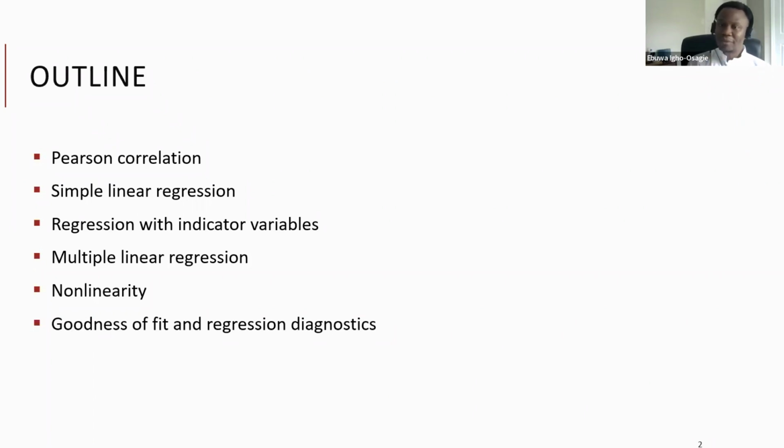If you hold poor diet constant, meaning you want to see the effect of smoking by itself on lung cancer and the effect of poor diet by itself on lung cancer, that is called adjusting. You are adjusting for the one variable to see how the other variable predicts your outcome. And so you can have two or more variables predicting the outcome, and that is called a multiple or multivariable regression. We're going to talk about that today.